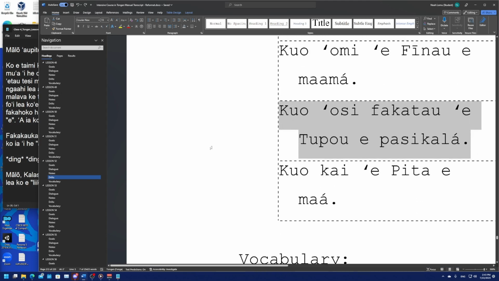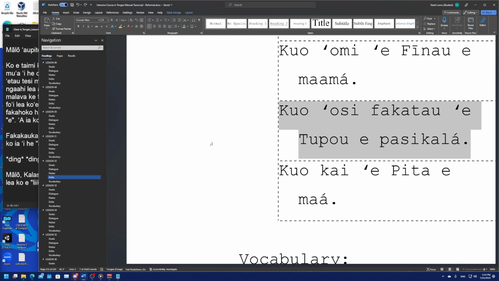Kua os whakatau e tupou e paskala. Good. Also, let's listen to how she pronounces Ossi, so we can hear how the natives hear it.